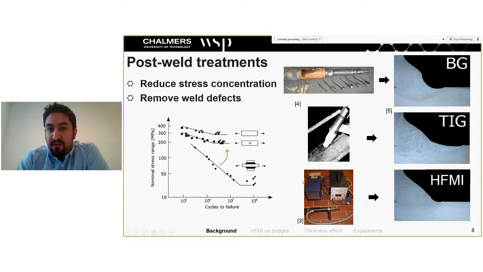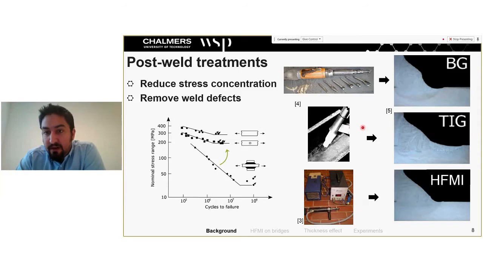And here we see a lot of pictures. The top one is illustrating a case of grinding method, a post-weld treatment. You see the tool and you see how the result looks after the treatment. So we have a very round and smooth transition, which reduces the stress concentrations.